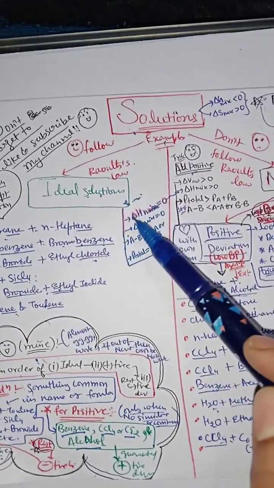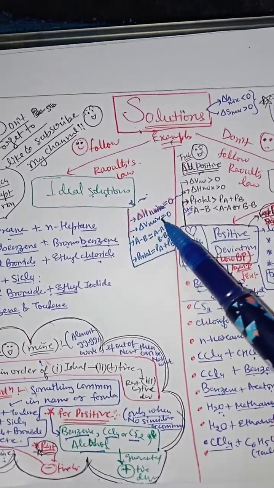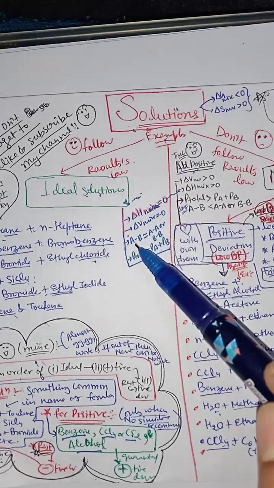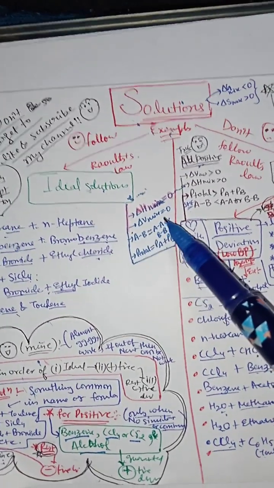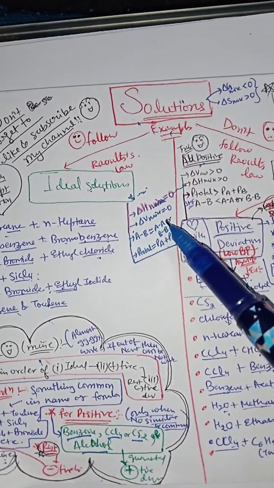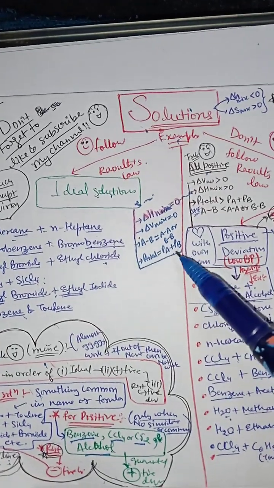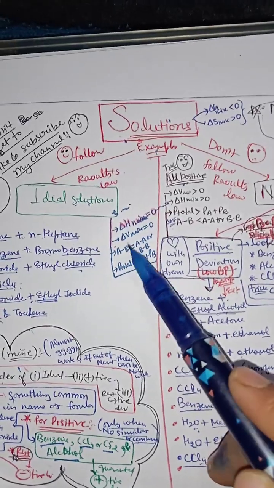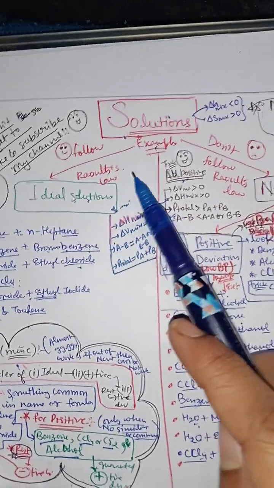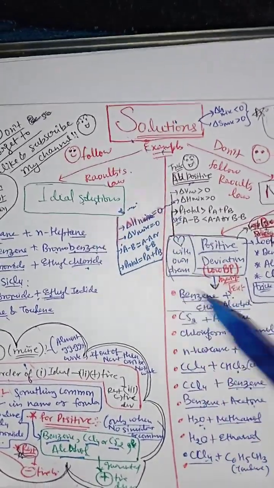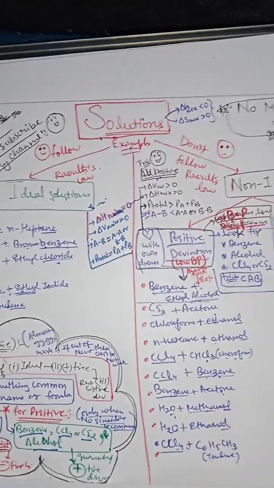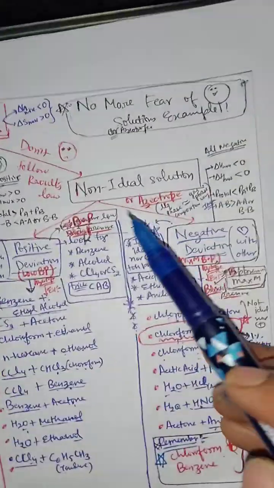In an ideal solution, delta H mix is equal to 0, delta V mix is equal to 0. Intermolecular forces between A and B will be equal to intermolecular forces between AA and BB, and P total equals PA plus PB. Here A and B are the components of the solution. Now in positive deviation, everything will be positive.